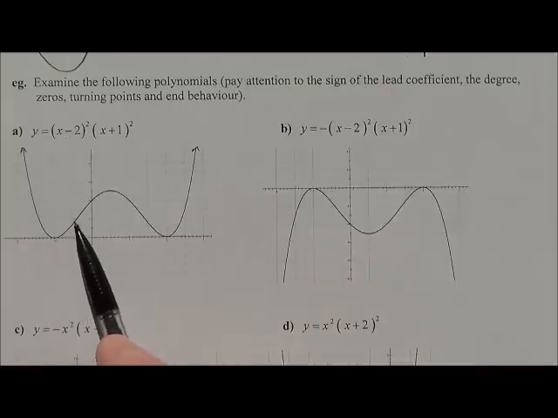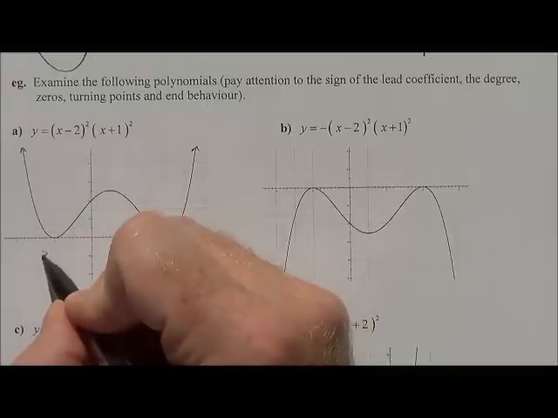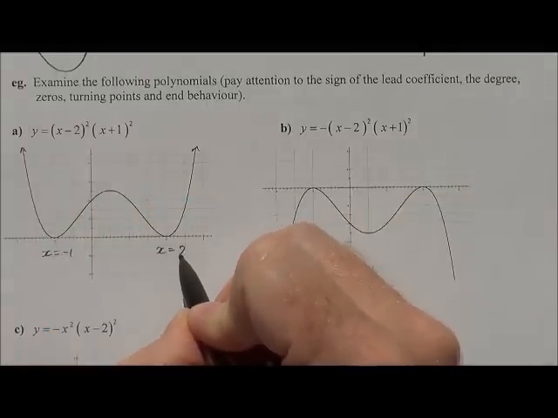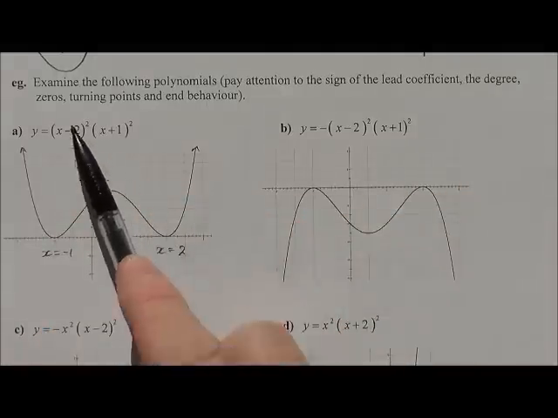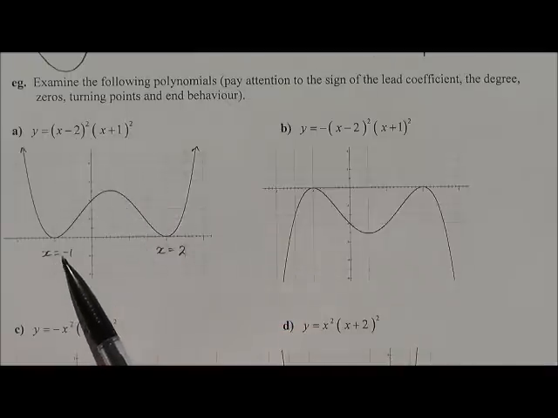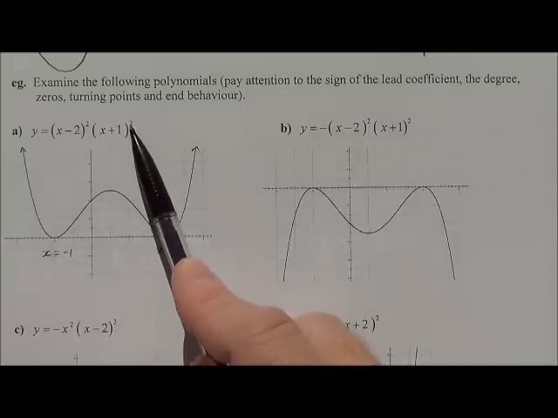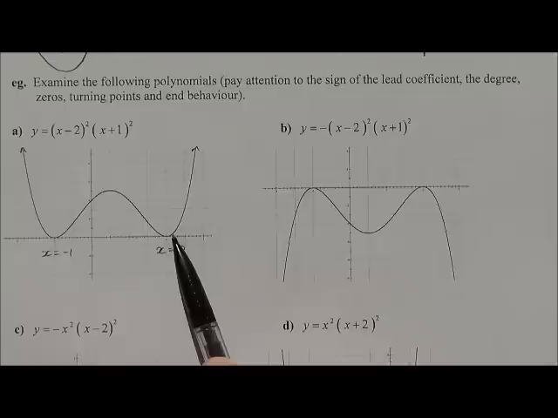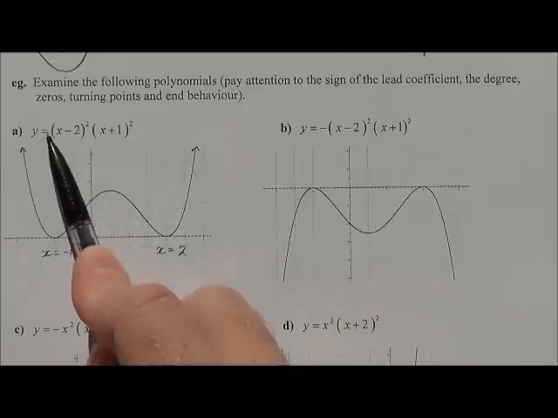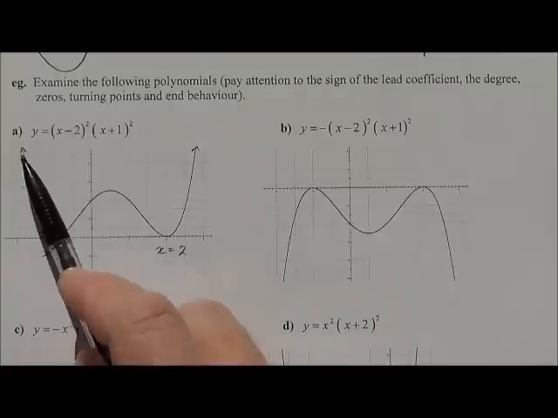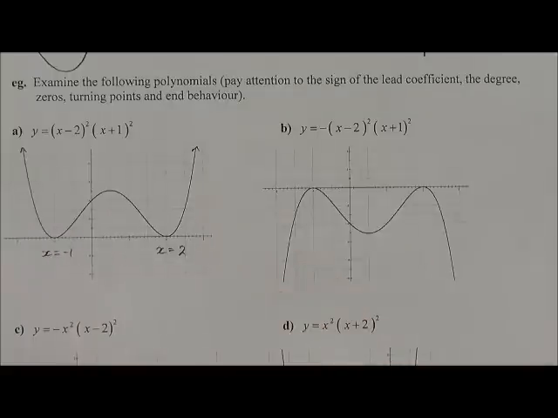And then we've got a quadratic root here at x equals -1, a quadratic root here at x equals 2, corresponding with the power of 2 here for the factor of x minus 2, and this quadratic root at x equals -1 corresponding to that power of 2 on that factor of x plus 1. 3 turning points, degree is 4, lead coefficient is positive, meaning that the graph is opening up, and both ends go in the same direction.